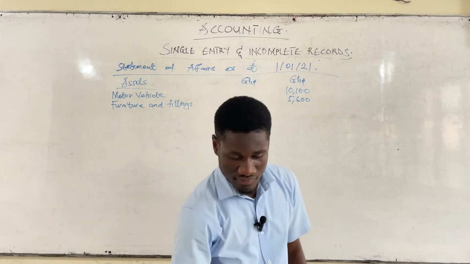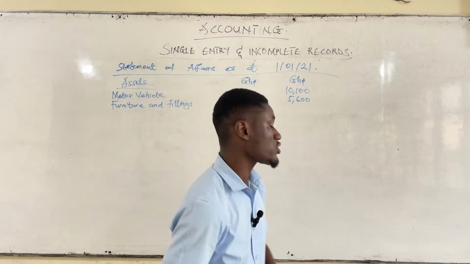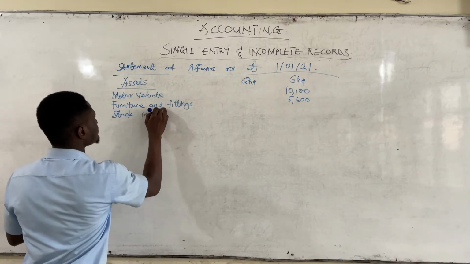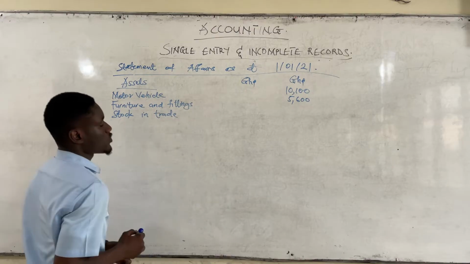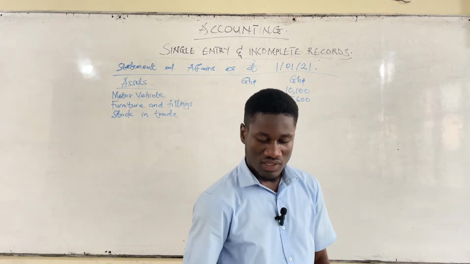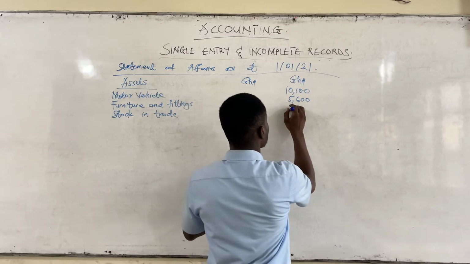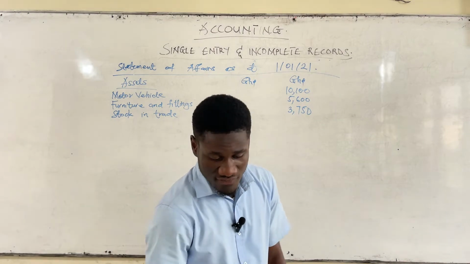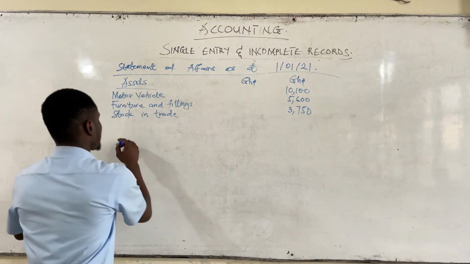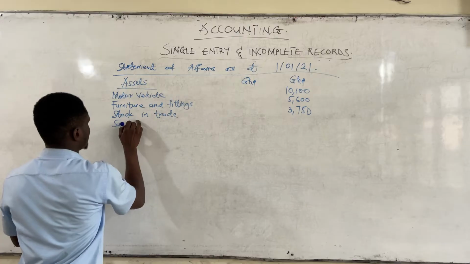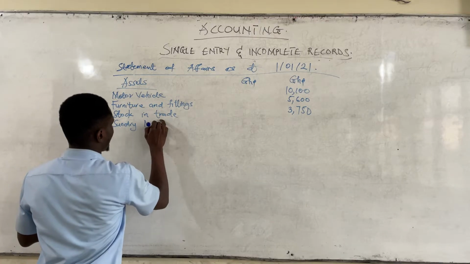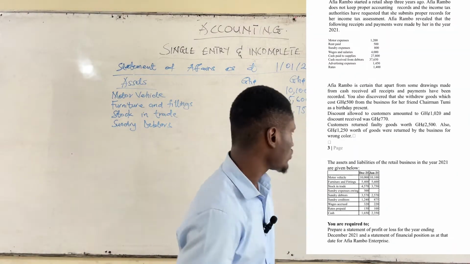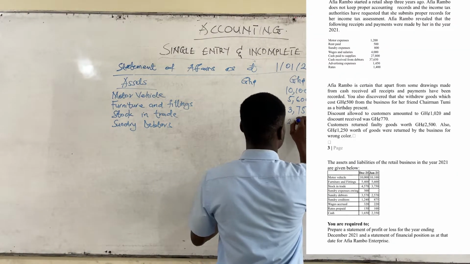Then we have any other assets here. We have stock in trade, stock, which is 3,750. Then we have our sundry debtors, our debtors, which is 2,570.